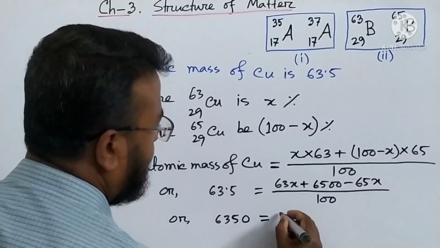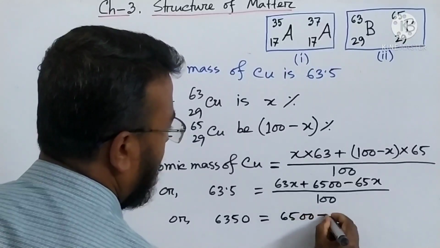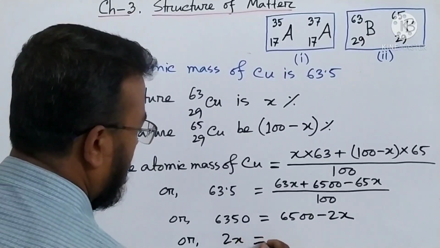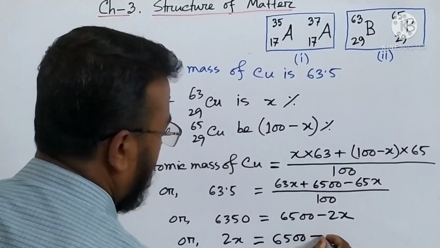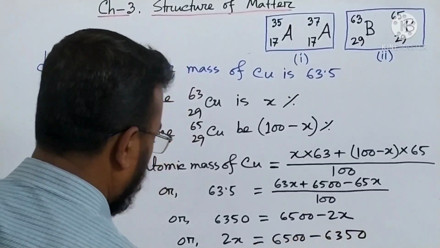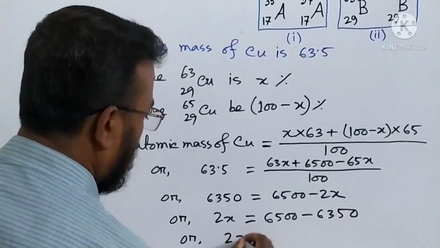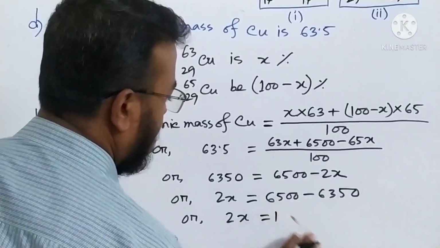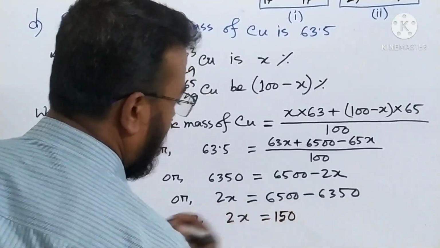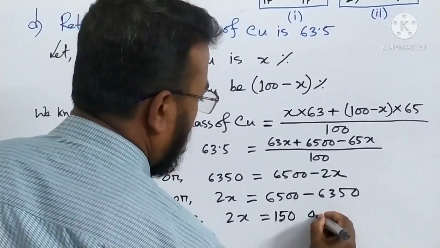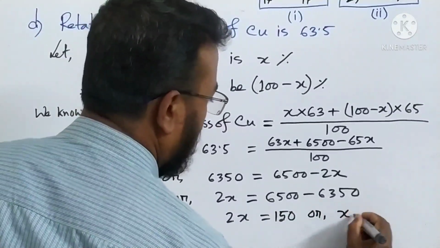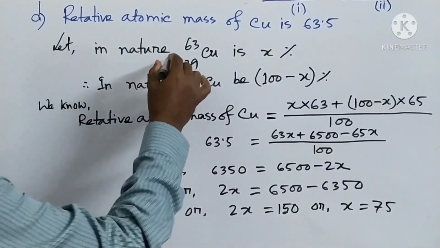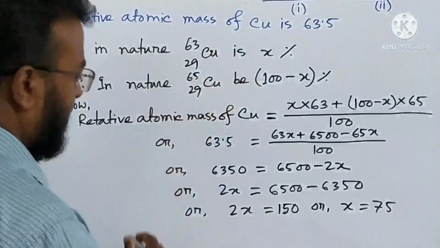Then it will be 6500 minus 2X, or 2X equals 6500 minus 6350, or 2X equals 150. By using the calculator you can do it, or X equals 75. So we have got the available percentage of copper 63.